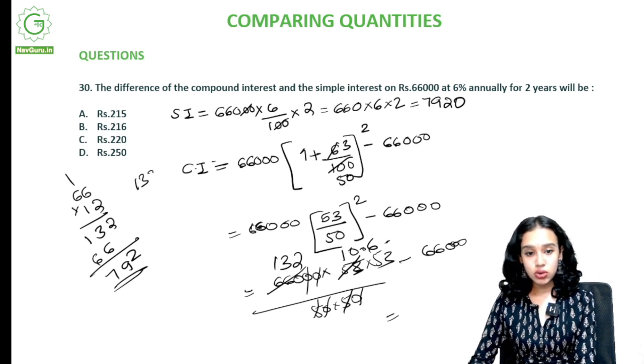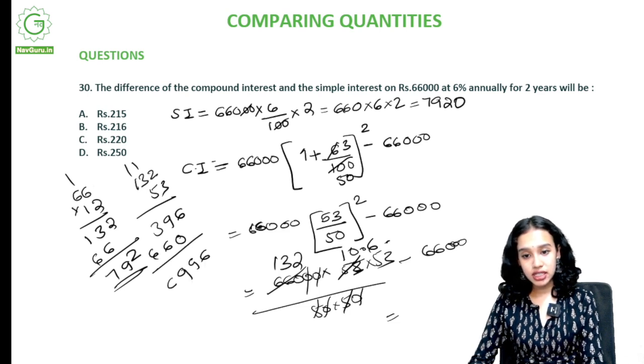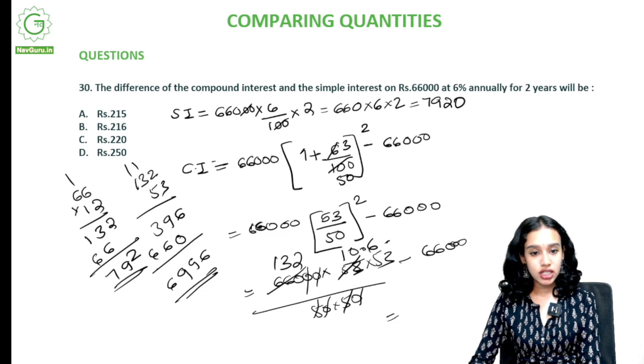So 132 into 53 gets us 3 2s are 6, 3 3s are 9, 3 1s are 3, 5 2s are 10, 5 3s are 15, 16, 5 1s are 5 and 6. So 6996, and we have multiplied by 10.6.